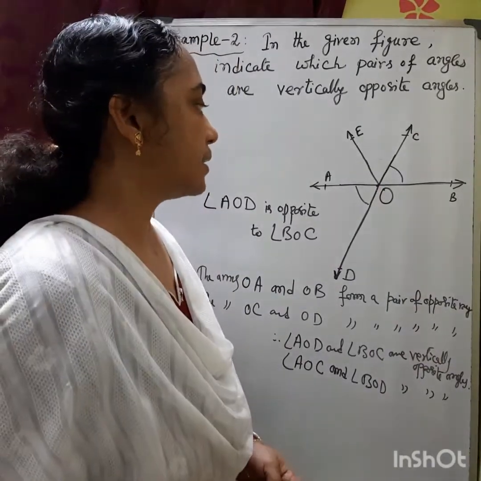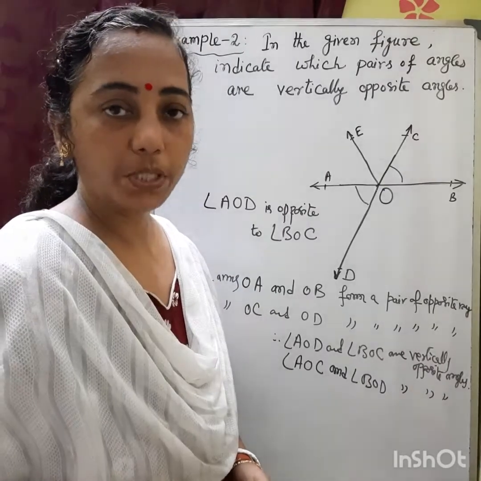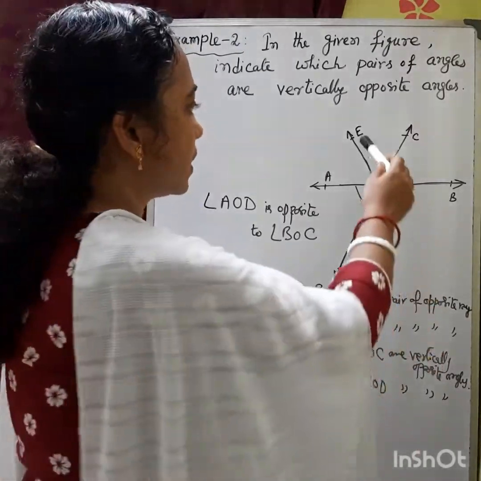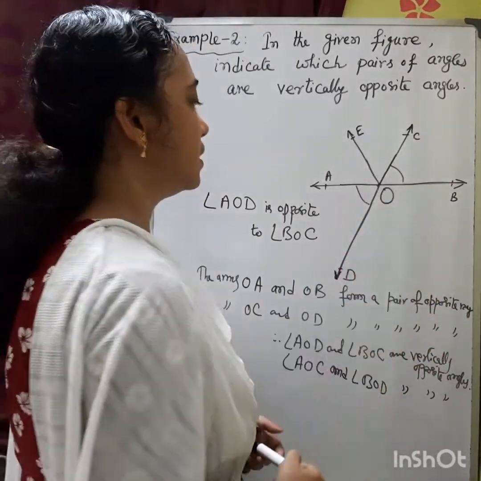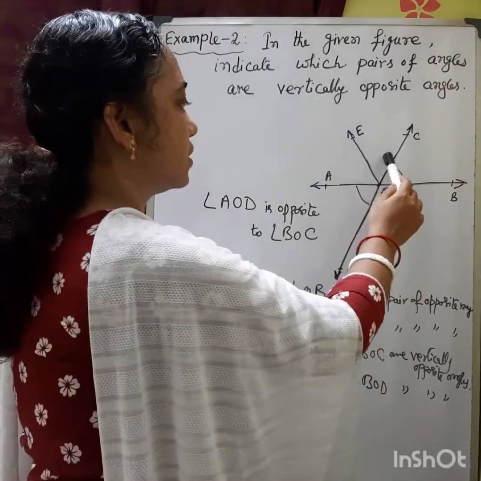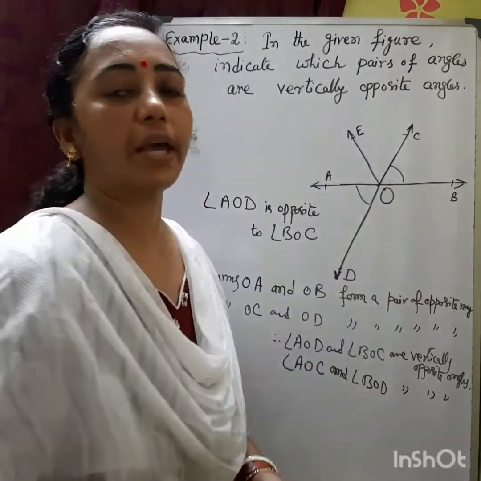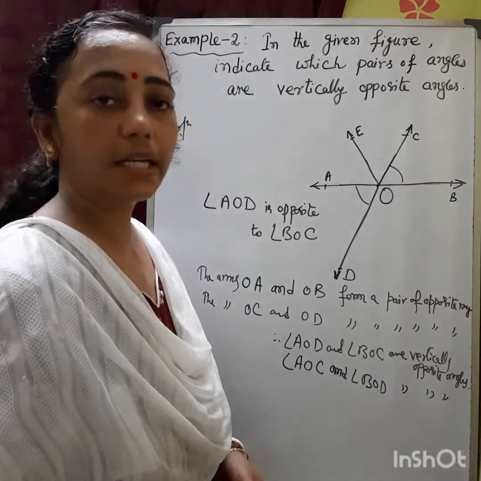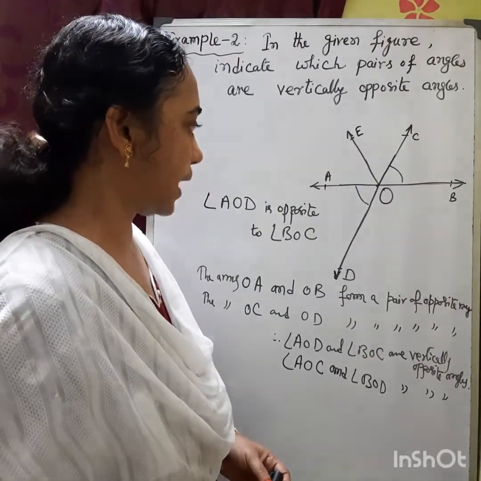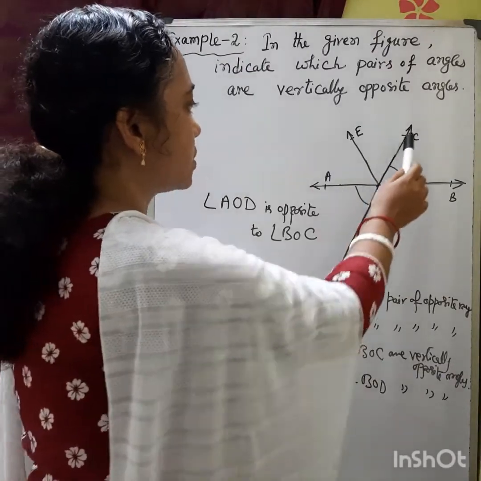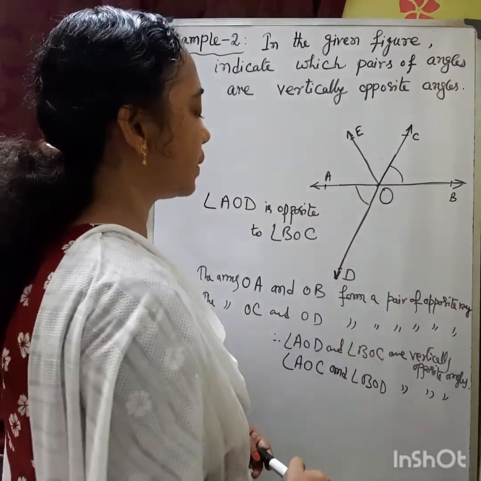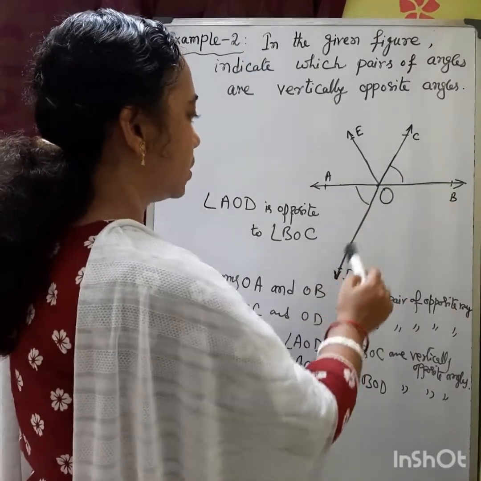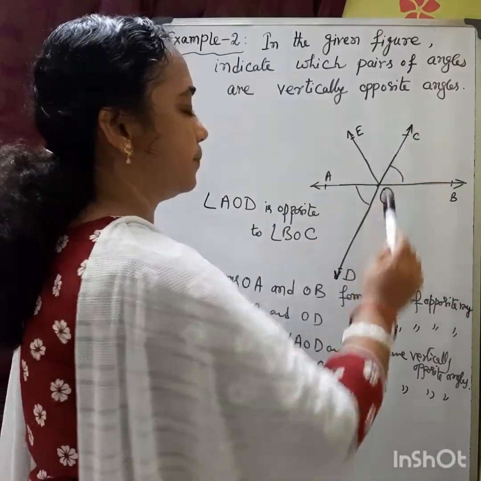So we can say that these two angles are not vertically opposite angles. Similarly, if we consider EOC, then also these two angles are not vertically opposite angles. So in this case, we are getting two pairs of vertically opposite angles, that is AOC and BOD, this is one pair, and AOD and BOC.